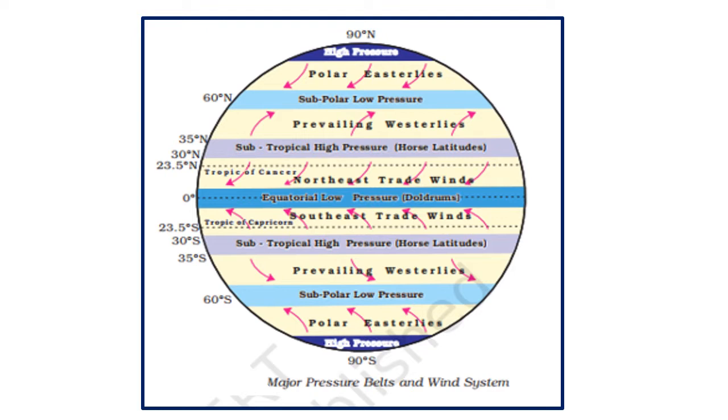So here it is the subpolar low pressure belt: in the northern hemisphere, the northern subpolar low pressure belt between 60 to 65° north latitude, and in the southern hemisphere the southern subpolar low pressure belt between 60 to 65° south latitude. In this way, these are the permanent pressure belts found on the Earth's surface.